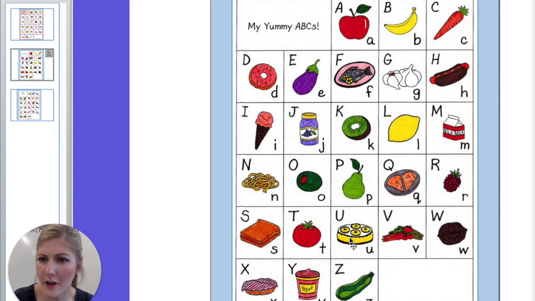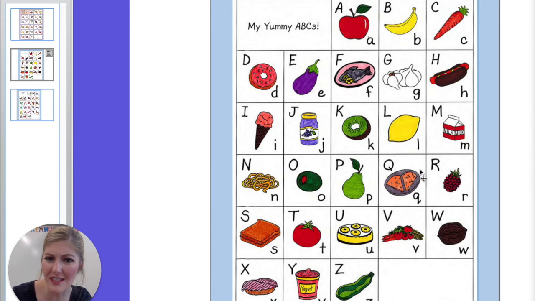Does cake, friends, start with the letter U? Oh, I'm seeing some friends that are shaking their heads or giving me a thumbs down. So I wonder why that would be here. It does look like a cake.